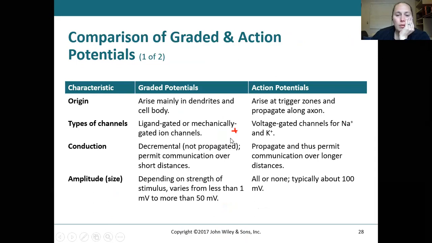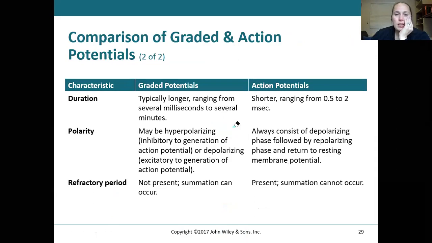Okay, so comparisons of graded and action potentials. Duration: graded potentials are longer. They can be several milliseconds, and action potentials are very short. Polarity: graded potentials may be hyperpolarizing, meaning more negative, or depolarizing, more positive. Action potentials are always going to be more positive because they're mediated by that change in the positive direction.